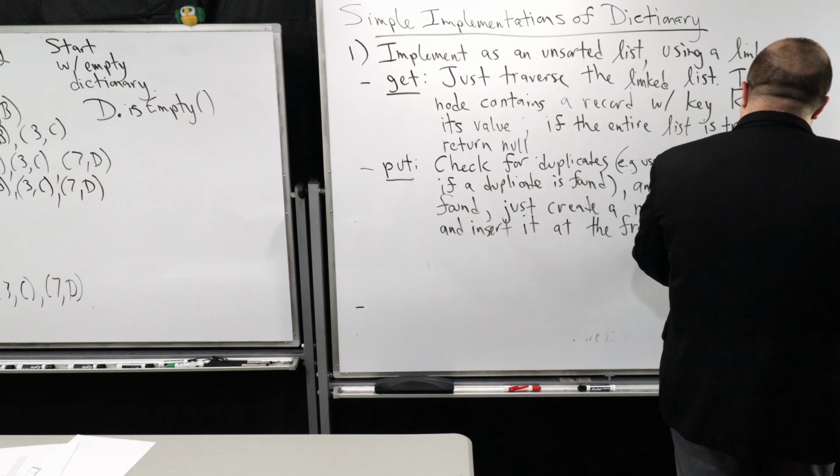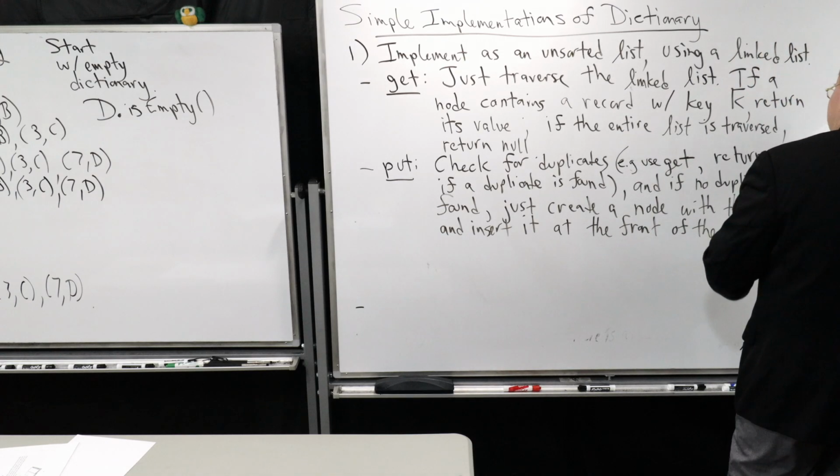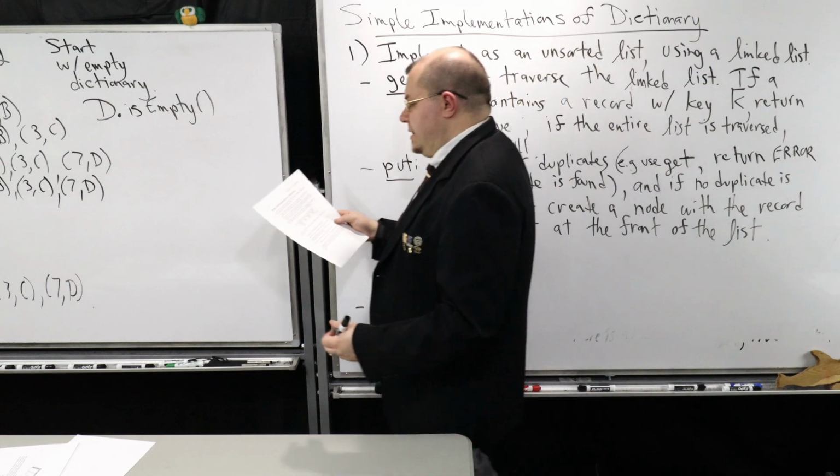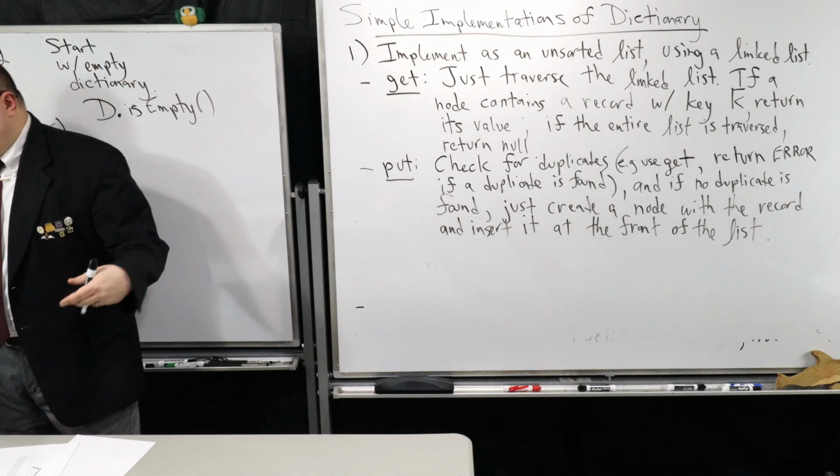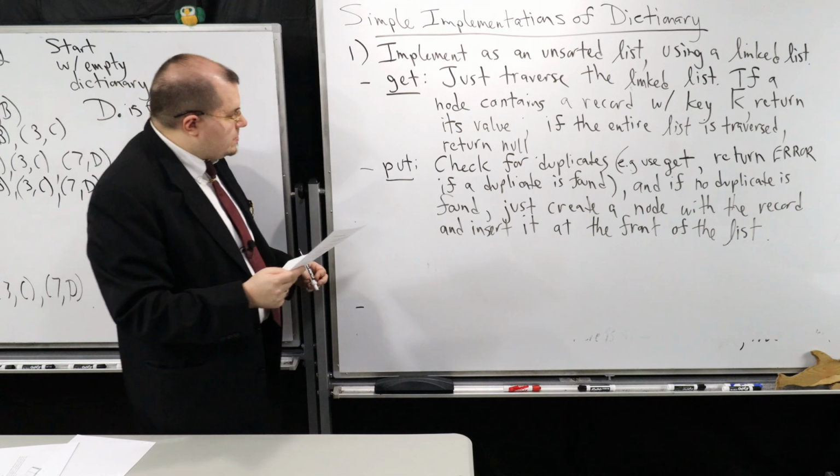So you don't have to go through the entire list to find where you should put it. You can just put it at the front or the head of the linked list. It doesn't matter, we're just maintaining an unsorted list here.